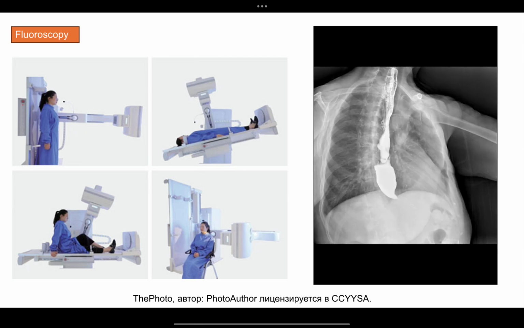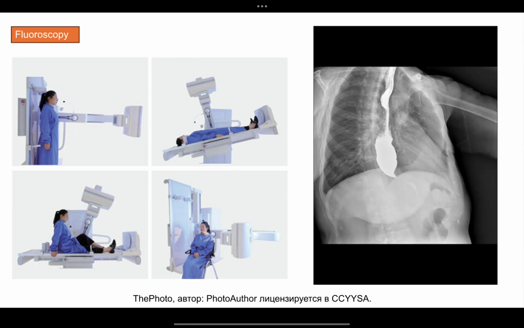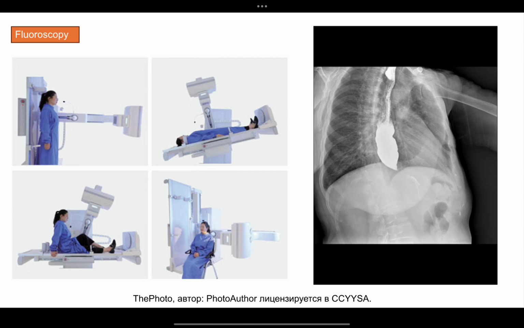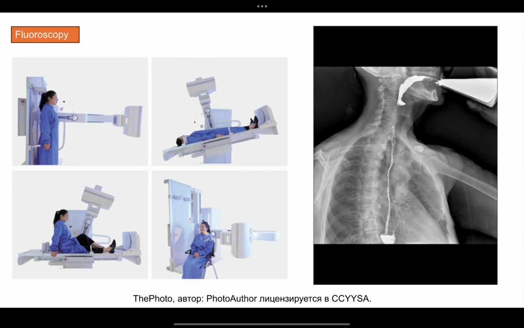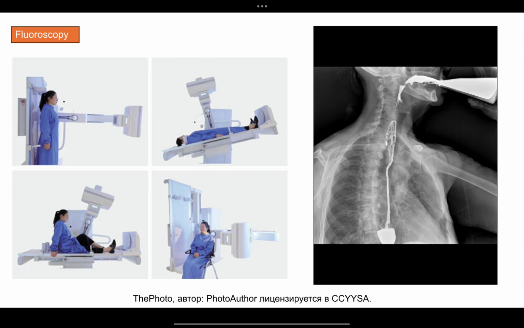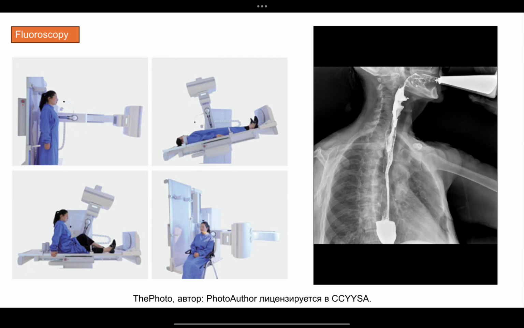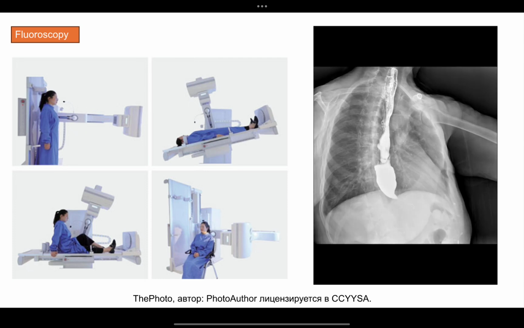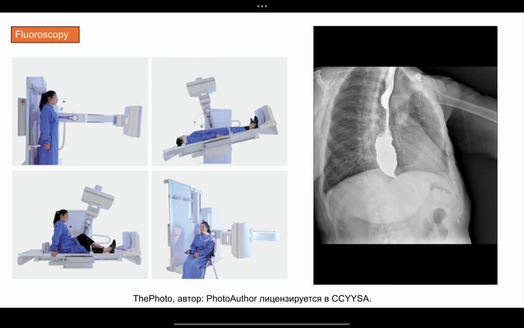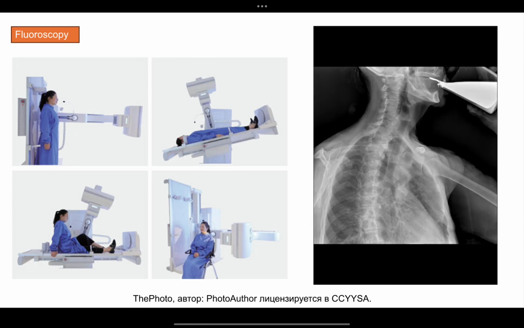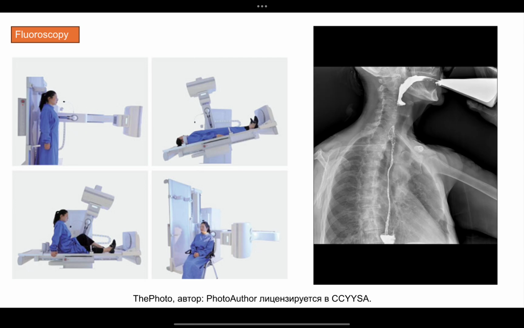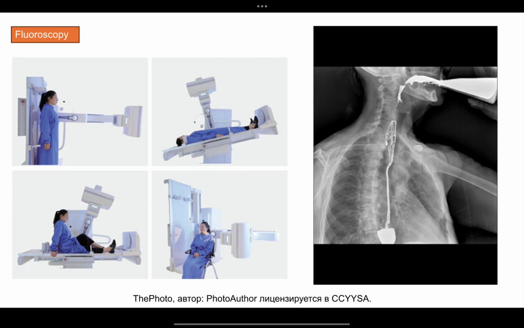This method helps evaluate swallowing, peristalsis, physiological narrowing, and structural abnormalities. Barium sulfate is the most commonly used contrast agent during fluoroscopy studies. Unlike static radiographs, fluoroscopy allows evaluation of both anatomy and function.